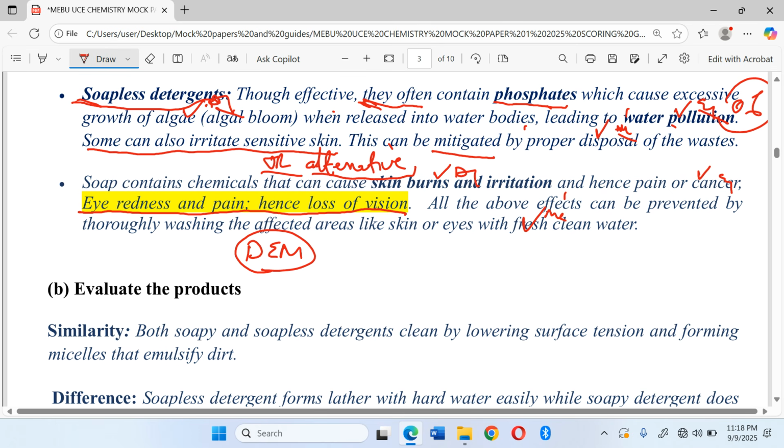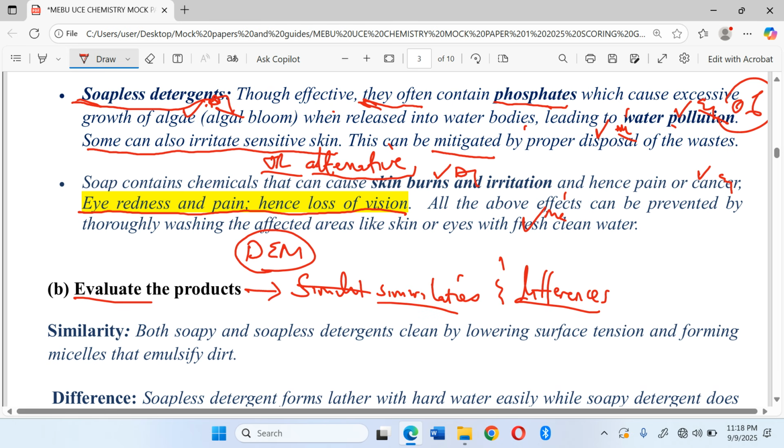Evaluate the product. So we say that when you are doing the evaluation, in this case we look at the similarities and the differences, and we just need only 1 point.